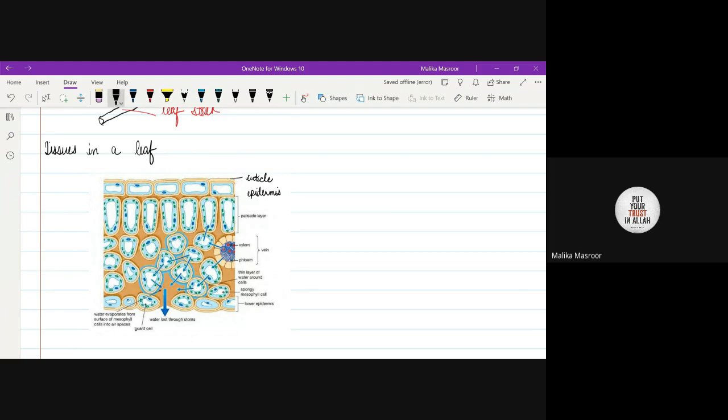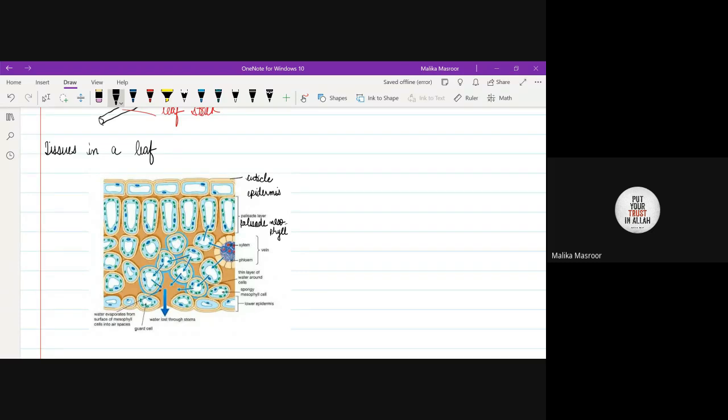This is your palisade mesophyll layer. And the bottom one is your spongy mesophyll. These are vascular bundles, xylem and phloem. Lower epidermis, you have stomata. You have guard cells.